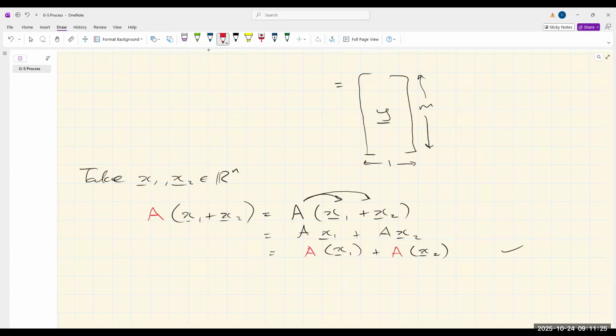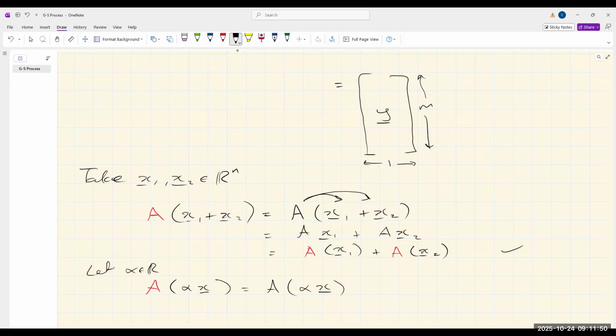And what's the second property? I then need to work out what is A times alpha x, so let's just say alpha is some real number. By definition, that is the matrix A multiplying on the left by some scalar multiple of this vector x.